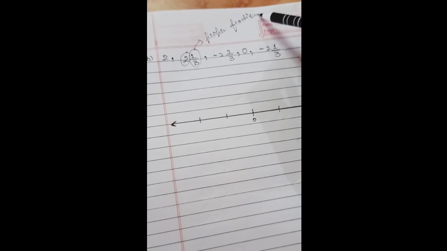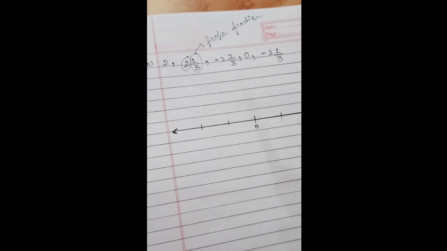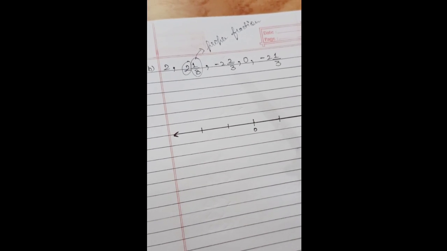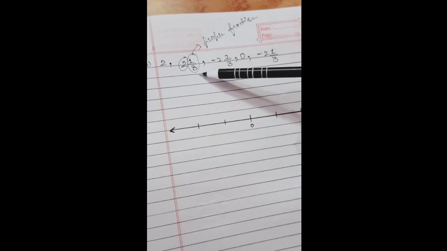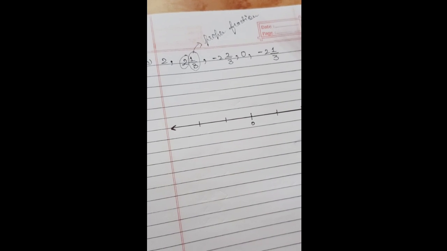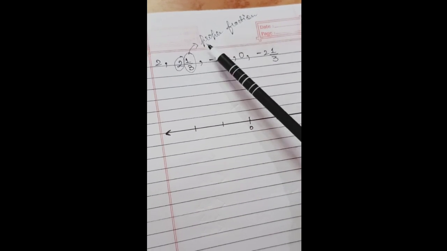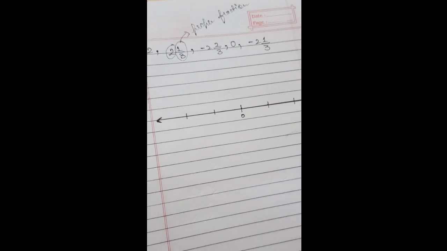Now what is the use of this whole number? This whole number part tells the position of 1 by 3. This whole number part tells the position of this proper fraction.